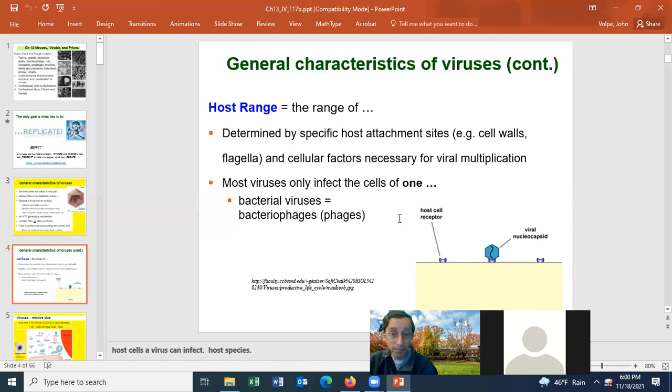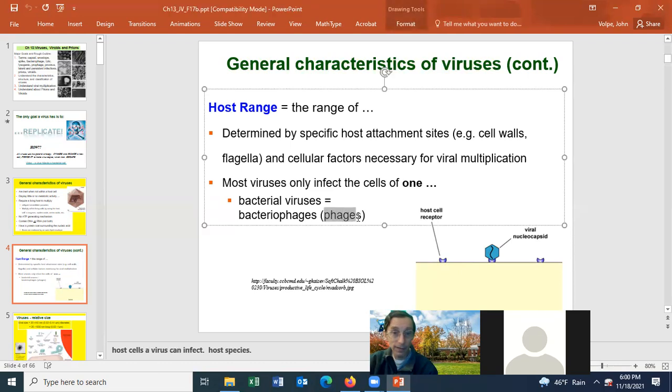Bacteria viruses are given the name bacteriophages, or sometimes just phages. I'm not going to use the term phages. I'll use the term bacteriophage or bacterioviruses. Any question about any of that?